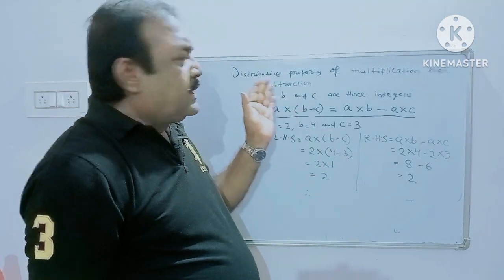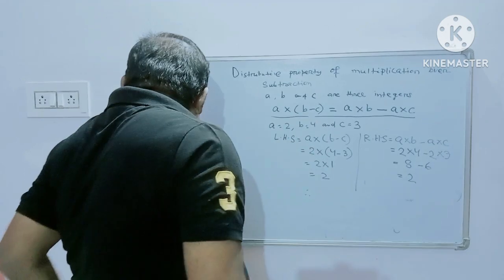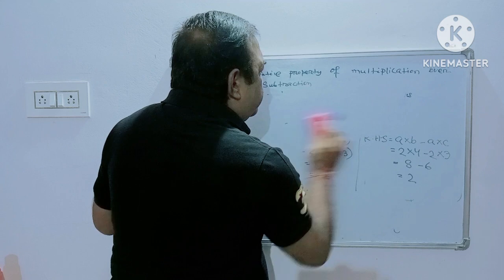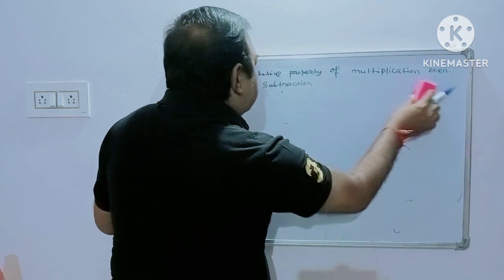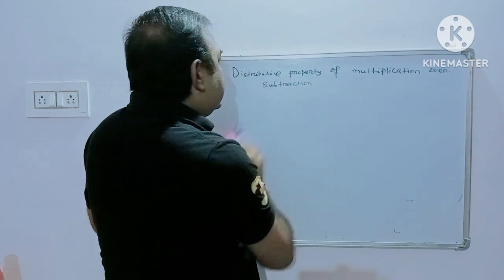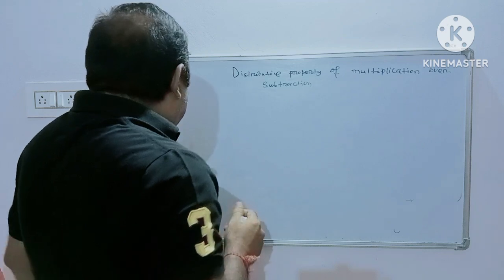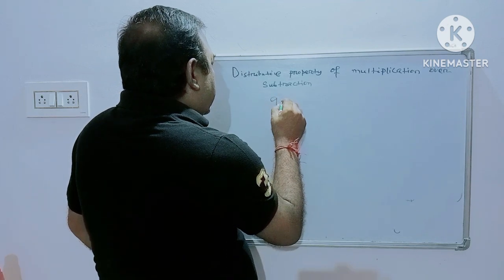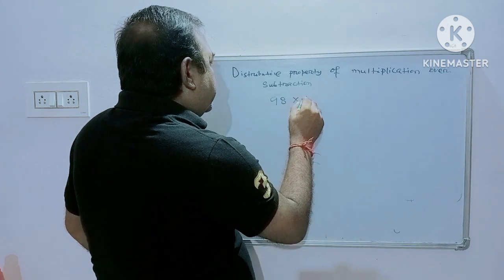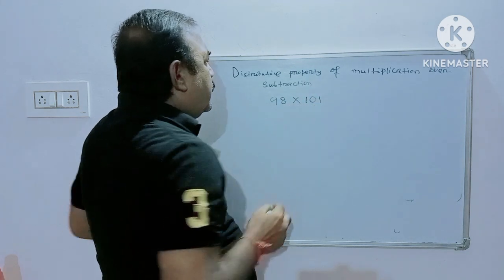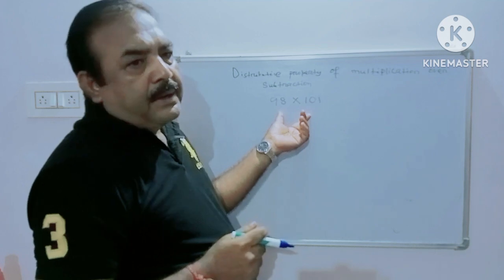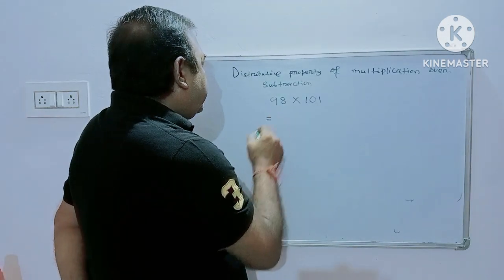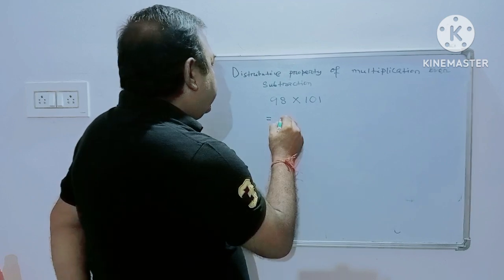So we will see some of its applications, how these are useful. Suppose it has been given a product to find. So we will apply some suitable property and we will find the product. You see, how will we use the property?